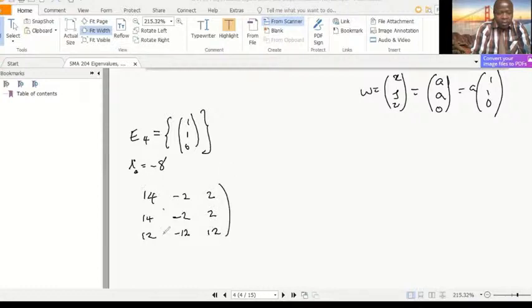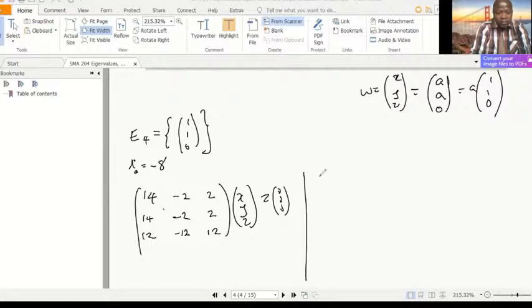Multiplied by w, which is xyz, and equate to 0, 0. And use Gaussian elimination. So this would be 14, negative 2, 2, 0.